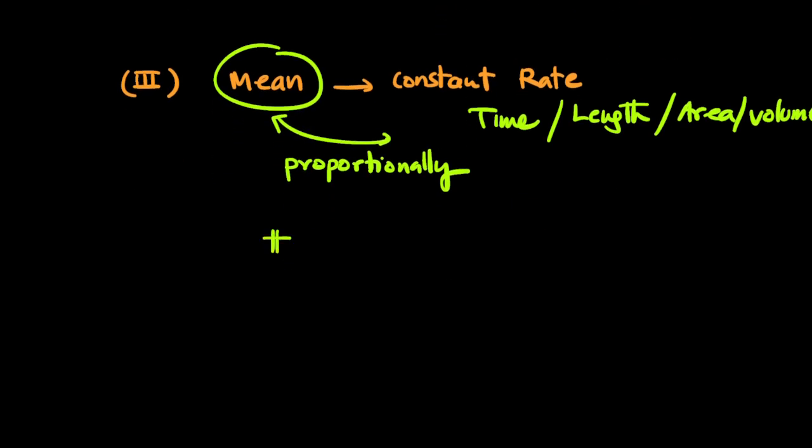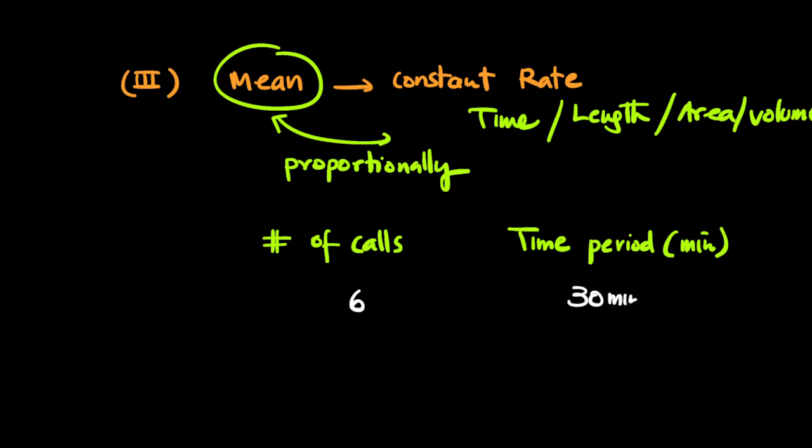This is the number of calls and this is the time period, which in this case is in minutes. We know that there are 6 calls received in a 30-minute period. That means if I change 30 to 60, basically I have multiplied by 2. So therefore 6 will change proportionally and this will become 12.